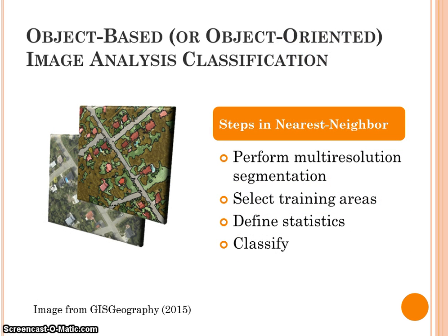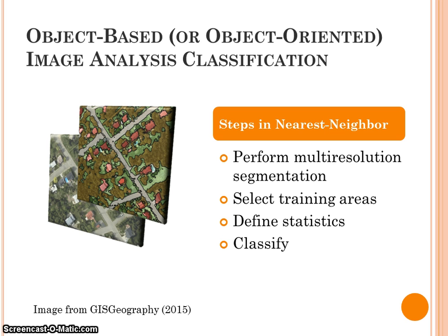With higher resolution imagery and the integration of multi-resolution imagery, object-based image classification has emerged. As described by GIS Geography, quote, traditional pixel-based processing generates square classified pixels. Object-based image classification is very different in that it generates objects of different shapes and scales.